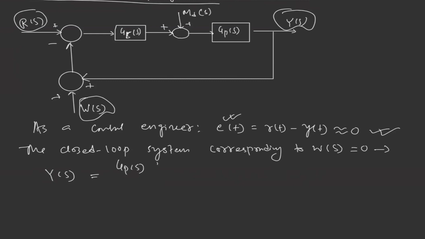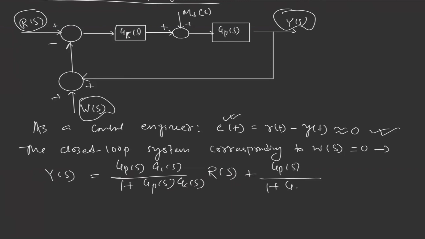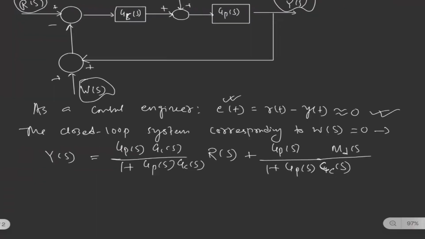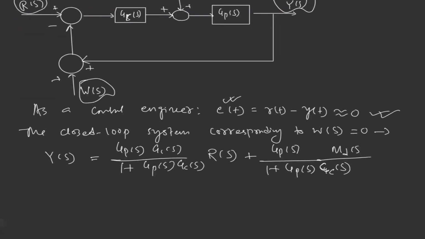Y(S) equals GP of S, GC of S over 1 plus GP of S, GC of S, times RS, plus GP of S over 1 plus GP of S, GC of S, times MDS. So we are assuming the reference input RS and the disturbance MDS for the time being.